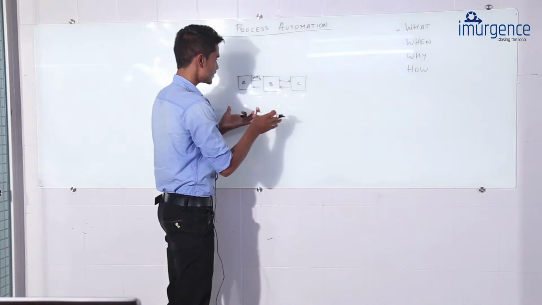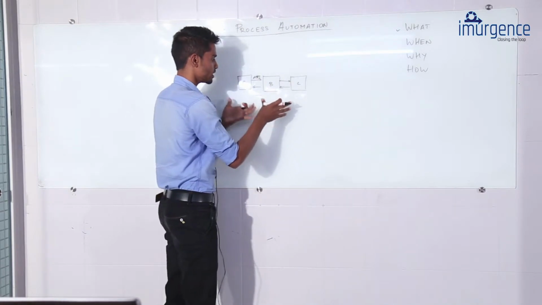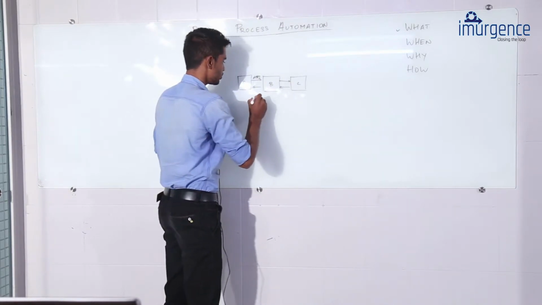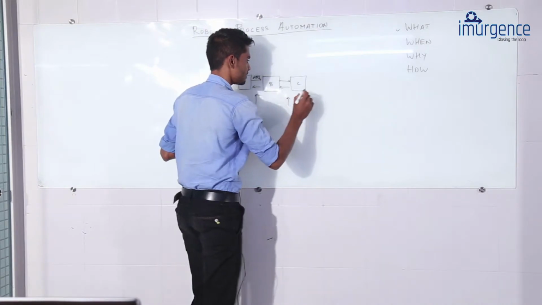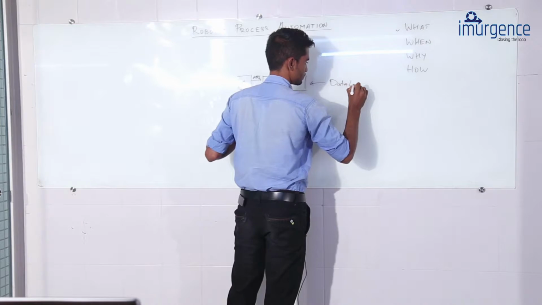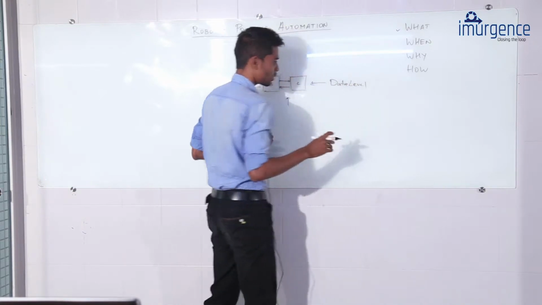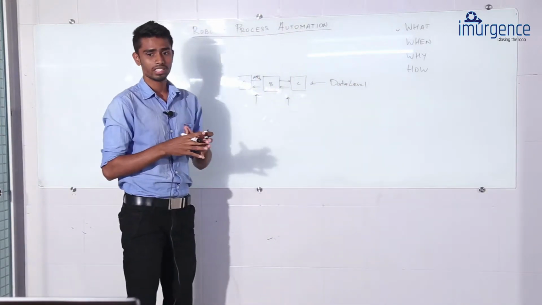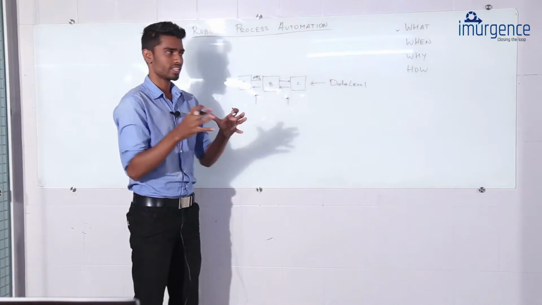But the difference between automation and RPA is that in automation, you need to include the integration in the data level. Whereas in RPA, this is done on the user interface level.